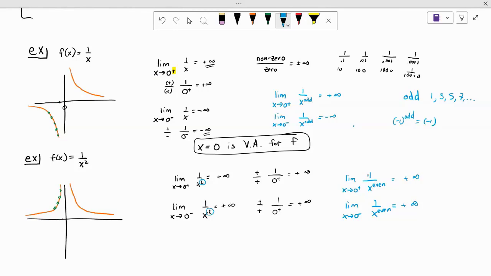All right. And so here, both of the one-sided limits are infinite, but it doesn't matter as soon as one of them is. You can say that x equals 0 is a vertical asymptote for our function.